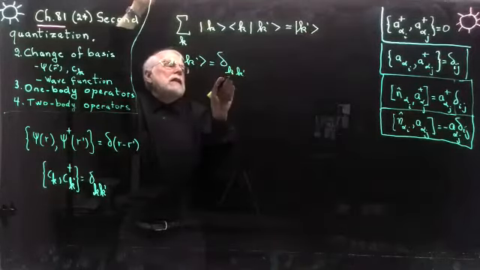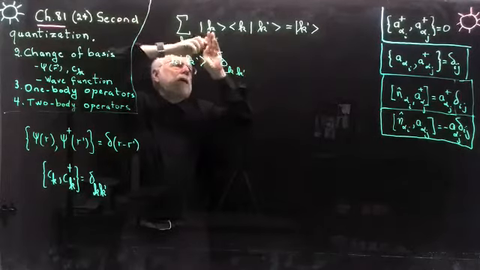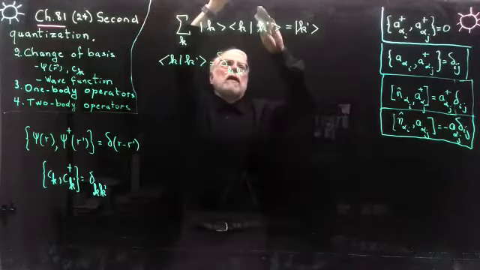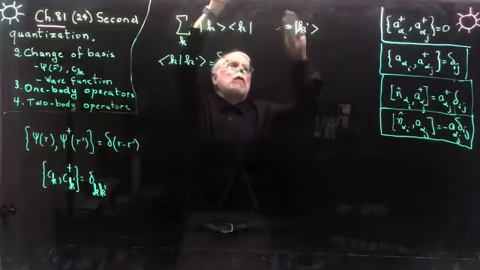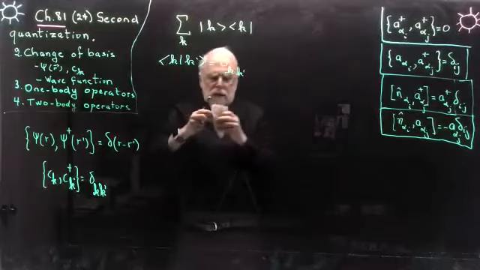So when we sum over k, there's delta k k prime. So indeed, this guy is equal to 1. That's the closure relation.